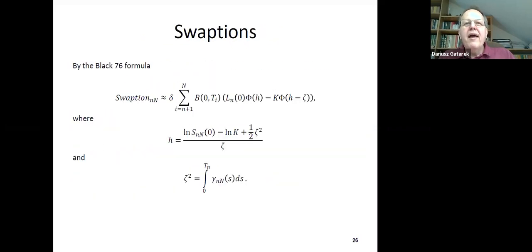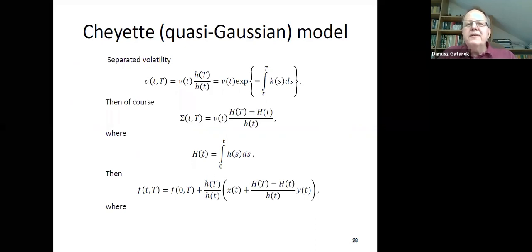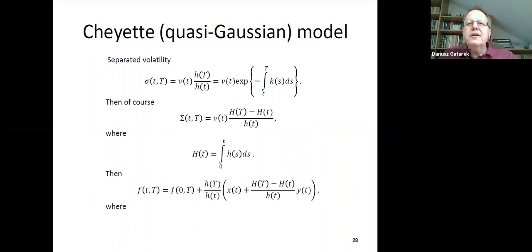The Cheyette model is flexible. So we may reproduce practically any shape of smile from the market. So it's a massive upside of the model. Okay, where is the assumption? The assumption here in the Cheyette model is separated volatility.